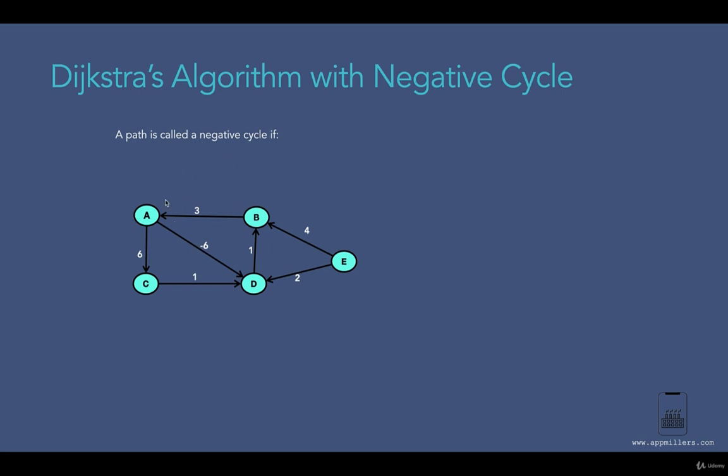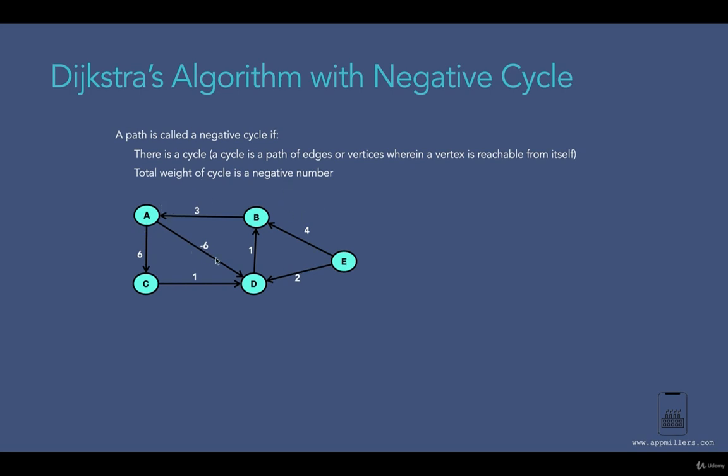So after identifying the cycle, let's identify what a negative cycle is. A path is called a negative cycle if there's a cycle. A cycle is a path of edges or vertices wherein a vertex is reachable from itself. This means that from A, if I leave to D and B, we can come back to A. So the first property is there should be a cycle, and the second property is that the total weight of the cycle is a negative number.